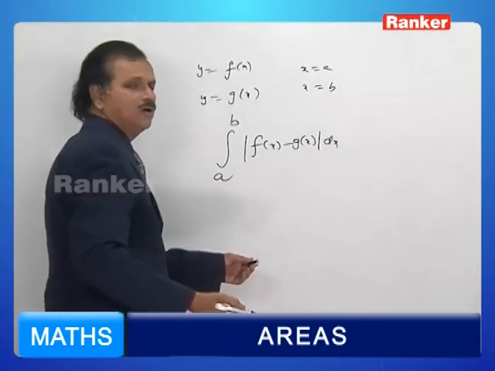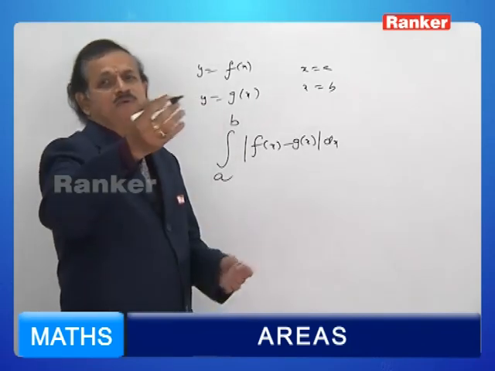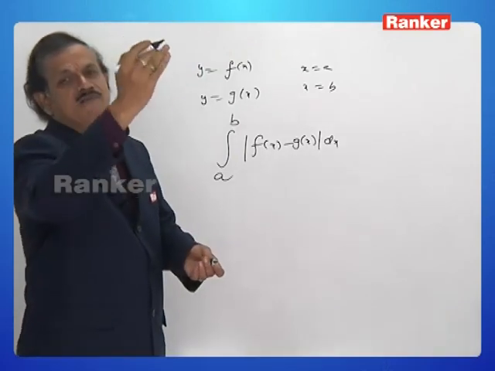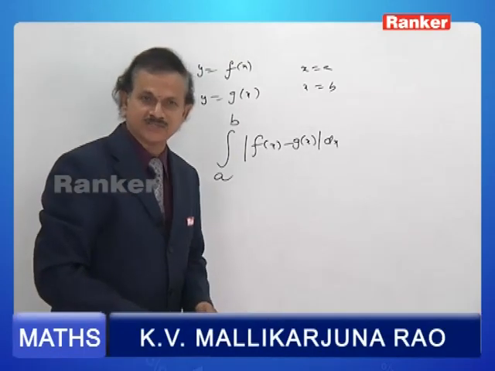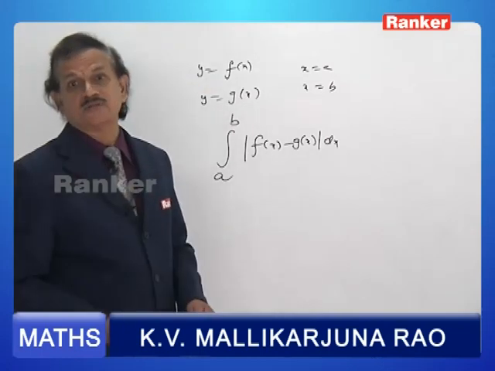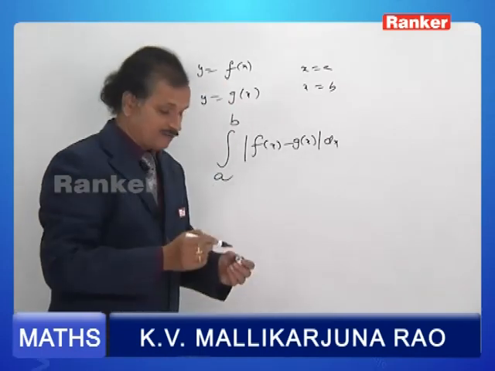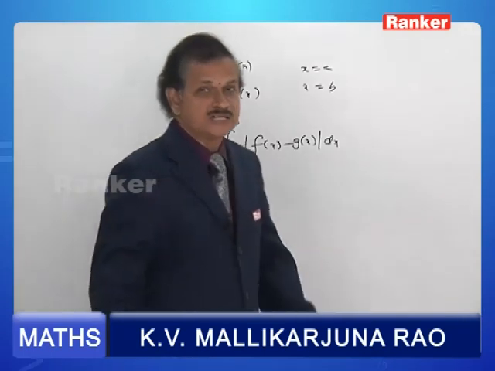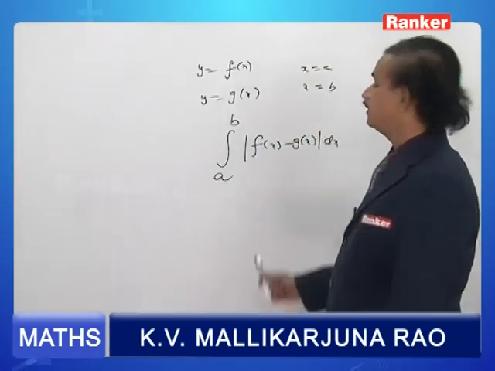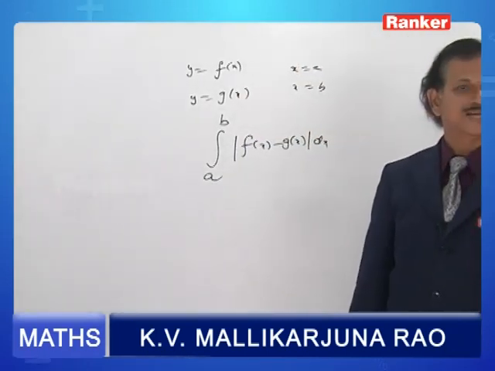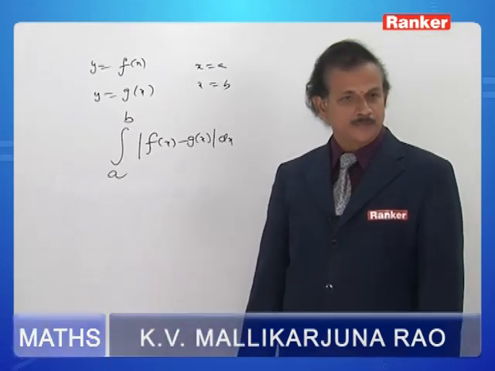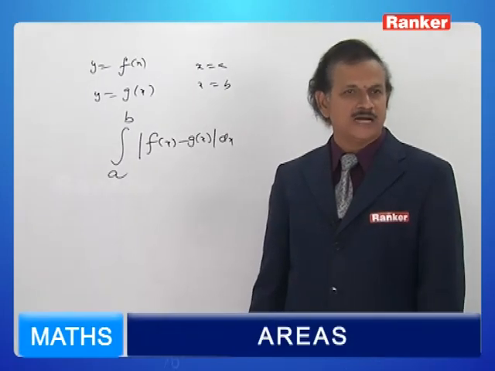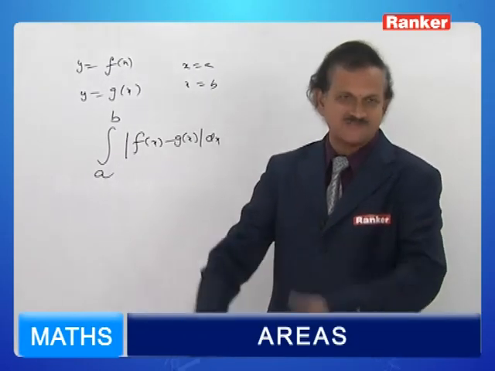Because who knows which curve lies at the upper place? If y is equal to f of x lies at the upper position, integral of f of x minus integral of g of x becomes the answer. If g of x lies at the upper position, then integral g of x minus f of x becomes the answer. Whatever might be the case, there is no harm in taking mod f of x minus g of x as the required integral to have the area. So this is the formula that must be used to find the area between two curves.